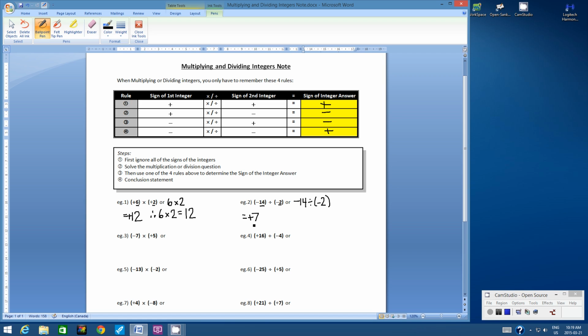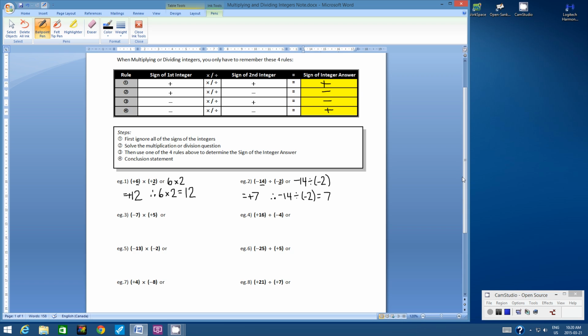So we're going to put positive 7 here. Then, to get your full marks, I want a conclusion statement. So therefore, we're going to write it in standard form, negative 14 divided by bracket negative 2 equals, and then we'll lose the positive sign and just put 7. Our answer is positive 7.